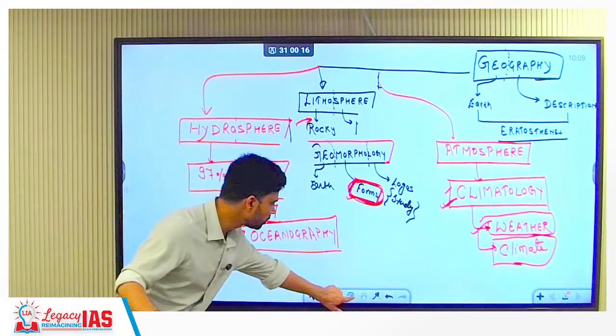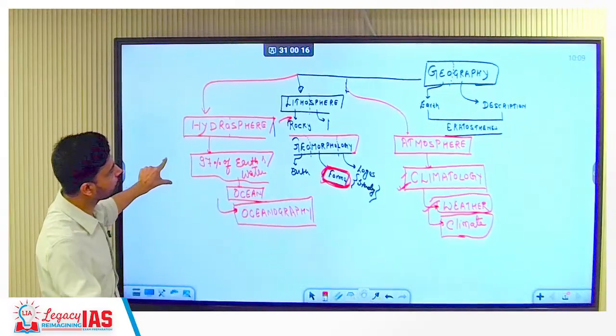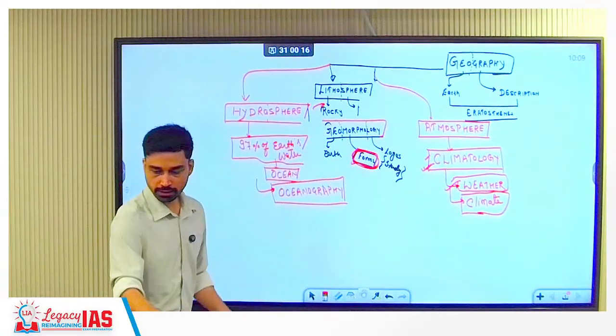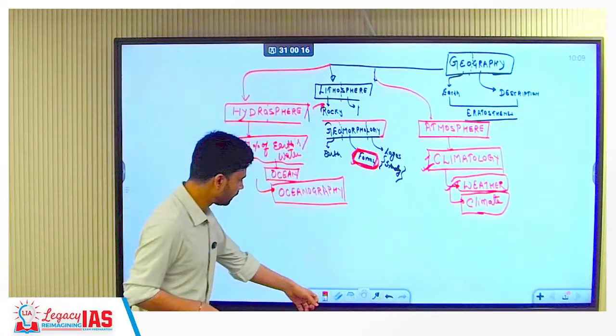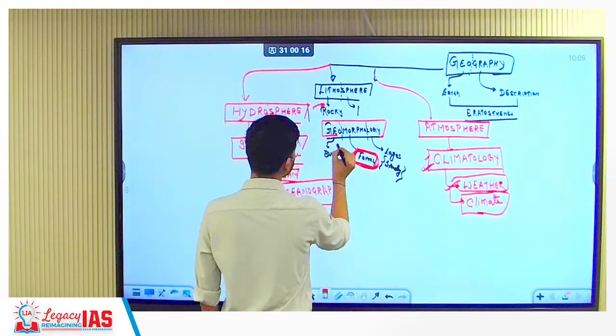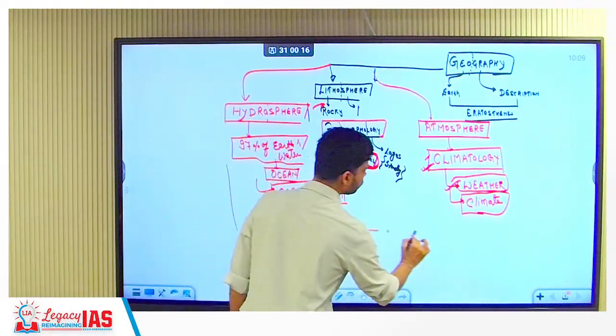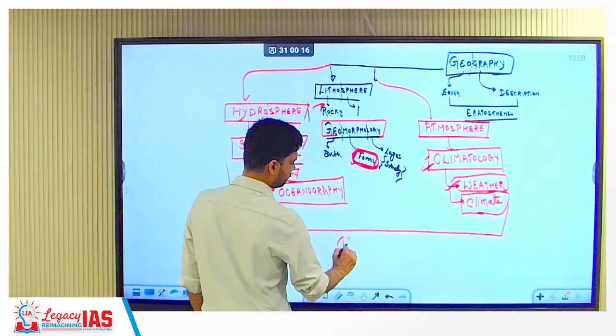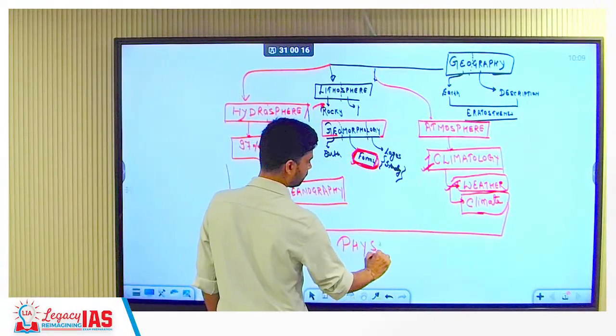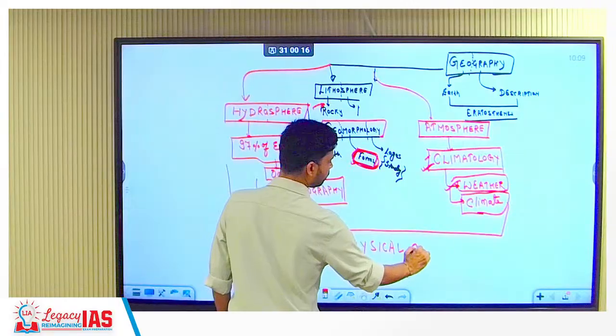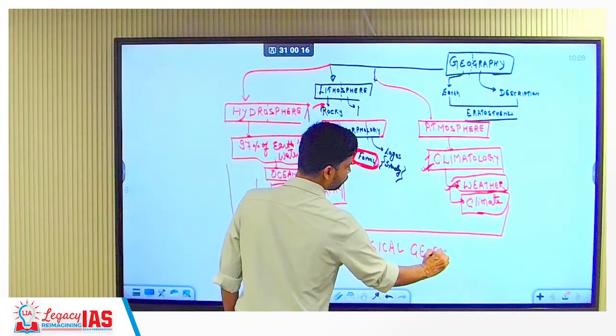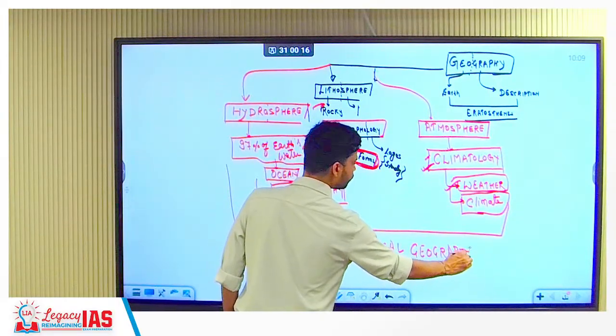So three branches we have till now: geomorphology, climatology and oceanography. Collectively, when you look at them all together, they are also referred to as physical geography.